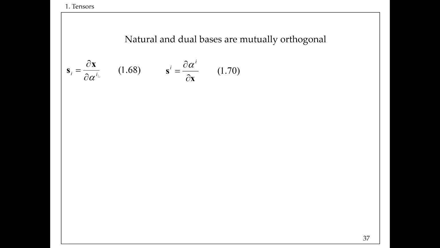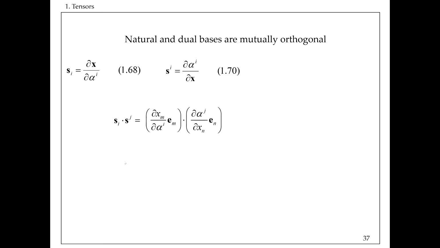It's probably not a good idea to use the same indices here, so we can distinguish them as we do here. That basically changes to j, and so the result will be d alpha^j with respect to d alpha^i. It's the same quantity, just the difference will be in the indices. So when the indices are the same, i equal to j, that will be 1.